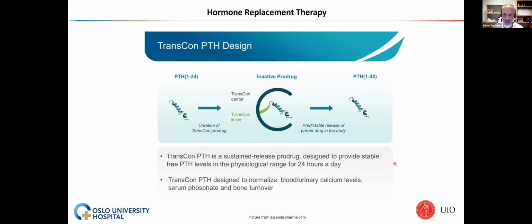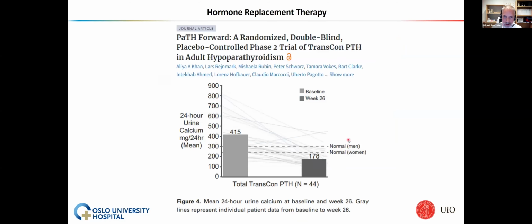So this has led to new drugs and new possibilities as well. This is the Transcon PTH design. This is PTH 134, given with the Transcon linker that can make this kind of release in a predictable and slow way. And it seems to work. It also has the potential to normalize urinary calcium, which is often quite high in these patients.